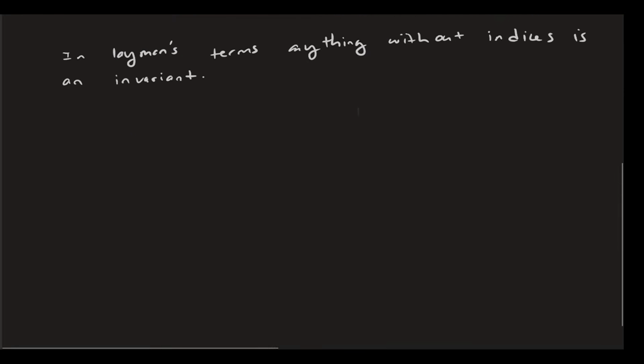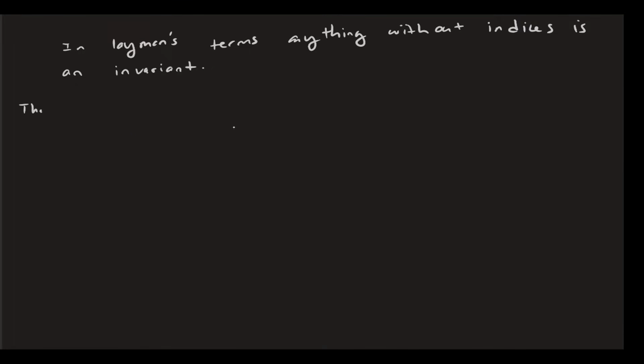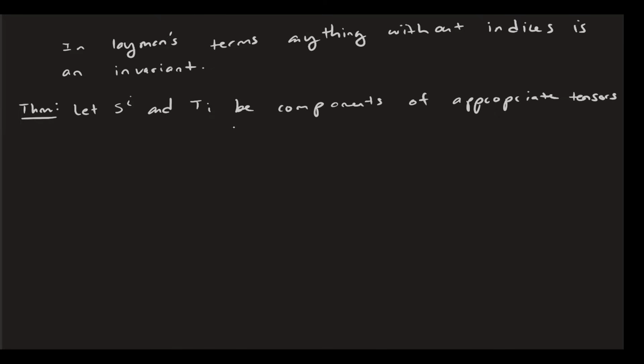So, theorem: let S^i and T_i be components of appropriate tensors, i.e. vector fields that are contravariant for S and covariant for T. Then the product E, which is S^i T_i, is an invariant.